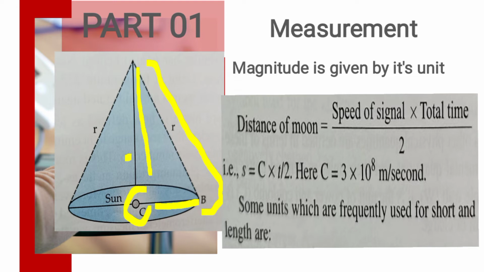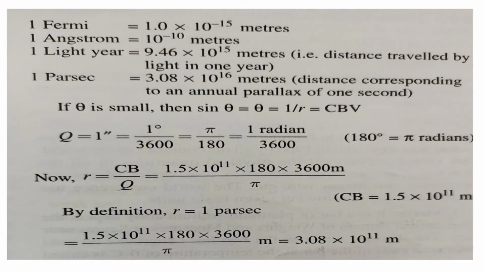Here we put the values of the distance and the radian, 3600 upon pi.